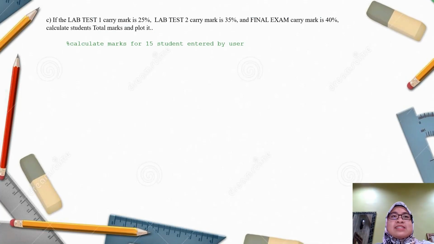For question C, if lab test 1 carries 25% of the marks, lab test 2 carries 35%, and the final exam carries 40%, calculate the student total marks and plot it. First, we initialize n student equals 1, then the condition while n student is less than or equal to 15, and the updating n student equals n student plus 1.